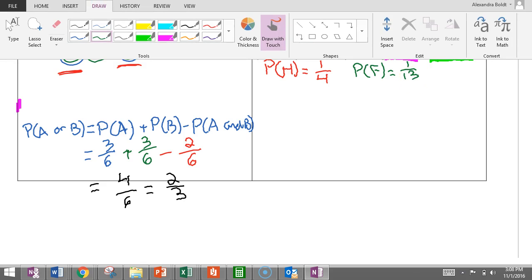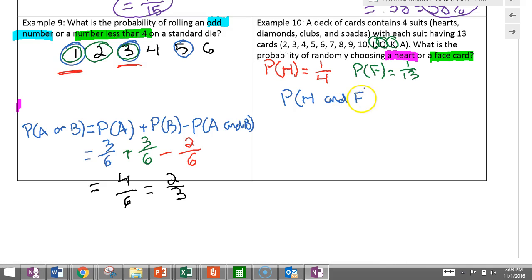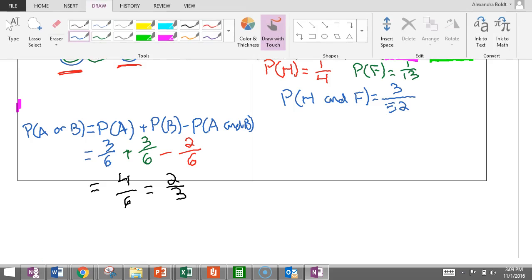The probability of doing both, a heart and a face card: out of the entire deck, there's 52 total cards. There's only going to be 3 face cards that are hearts, so 3 out of 52, and that doesn't reduce, just letting you guys know. Then I'm applying this formula.